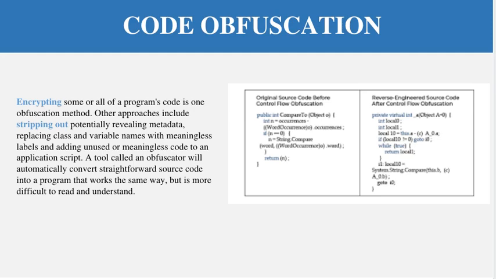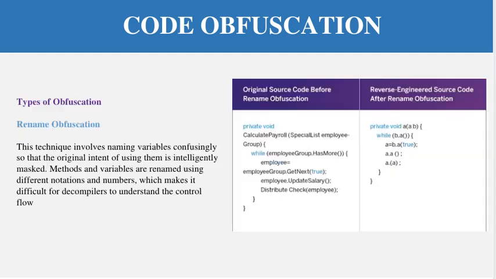We also have an obfuscator tool, which will automatically convert straightforward source code into a program that works the same way, but is very difficult to read, understand, and reuse. So this is the concept of code obfuscation, in which a very standard approach is the encryption of the source code.